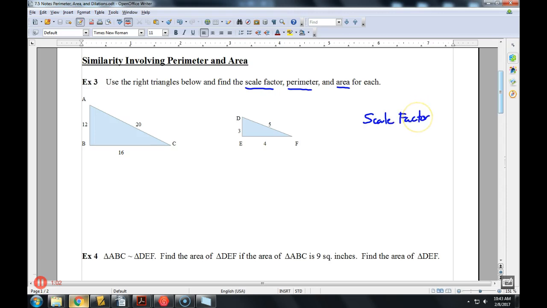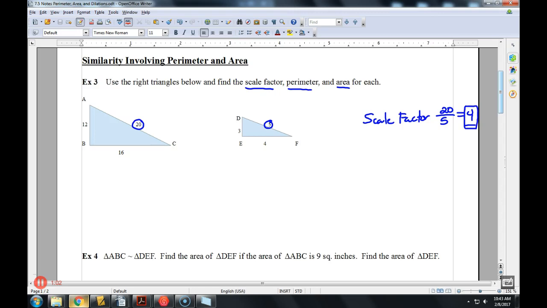That's the magnification power, so I have to see what I multiply the smaller one by to get the larger one. So I find a side that matches. Maybe I use this hypotenuse. I have a 20 and I have a 5. For scale factor, I do the big divided by the small, that would be 4. So the scale factor is 4.